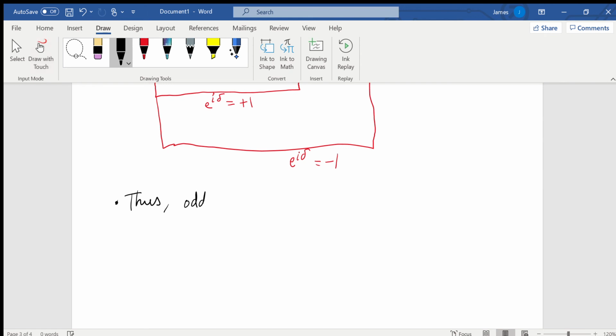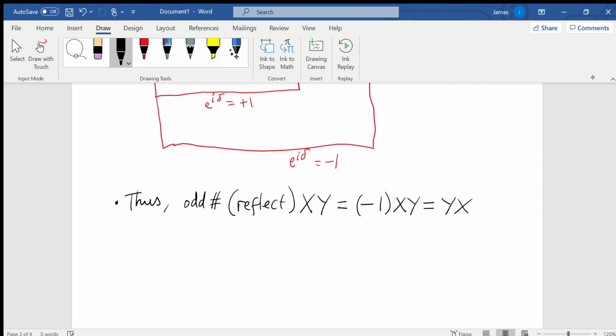An odd number of reflect acts on xy can give you negative 1 on xy, which gives you yx.